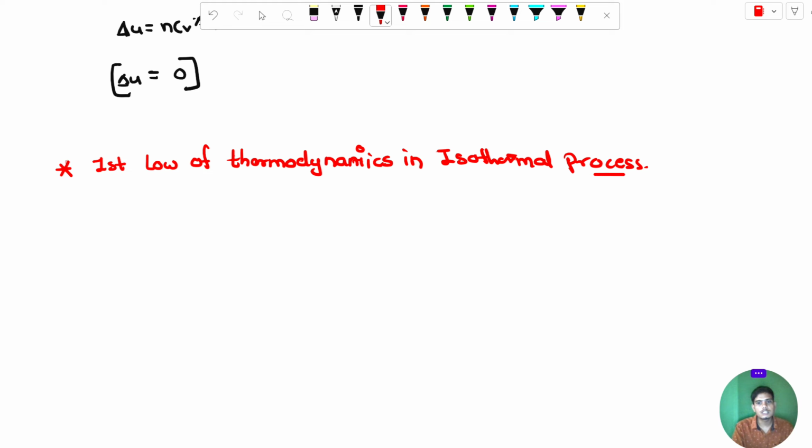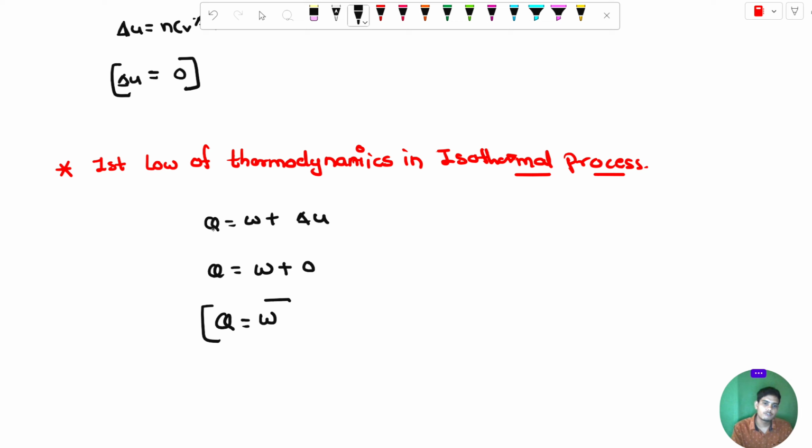What is the value of the first law of thermodynamics in an isothermal process? The formula of the first law of thermodynamics is Q is equal to W plus delta U. You already know the value of delta U is 0 in an isothermal process, because the temperature is constant. Then Q is equal to W.